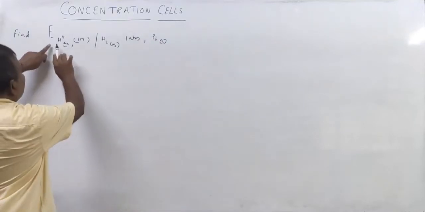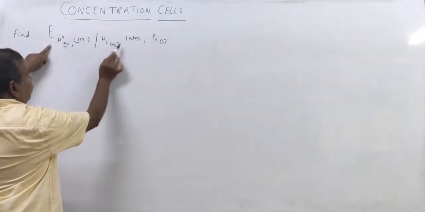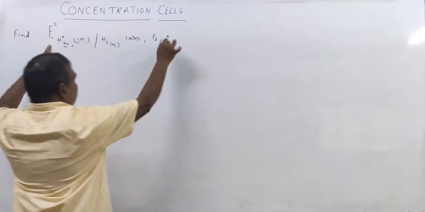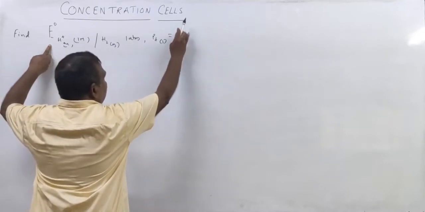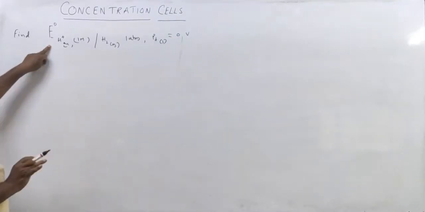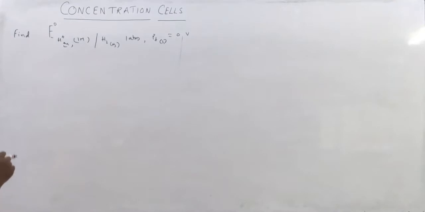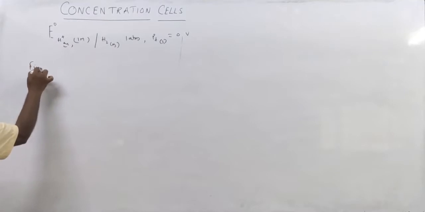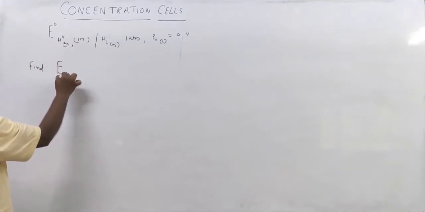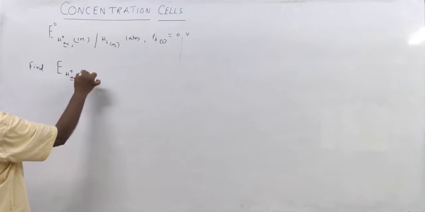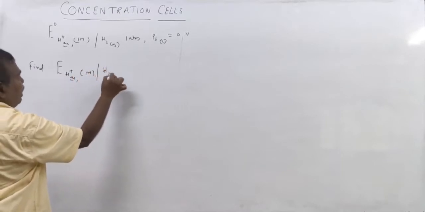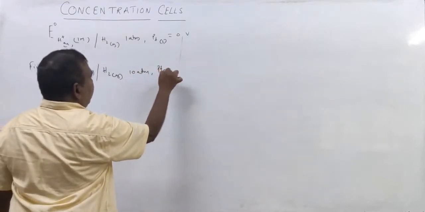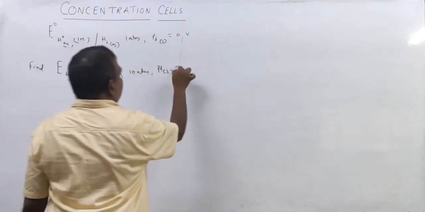So actually this is a standard electrode only. Therefore it is 0.0 volts or 0 volts. Okay. Now find E of H+ ion concentration 1 molar, hydrogen gas 10 atmospheres, platinum solid. This is how much?